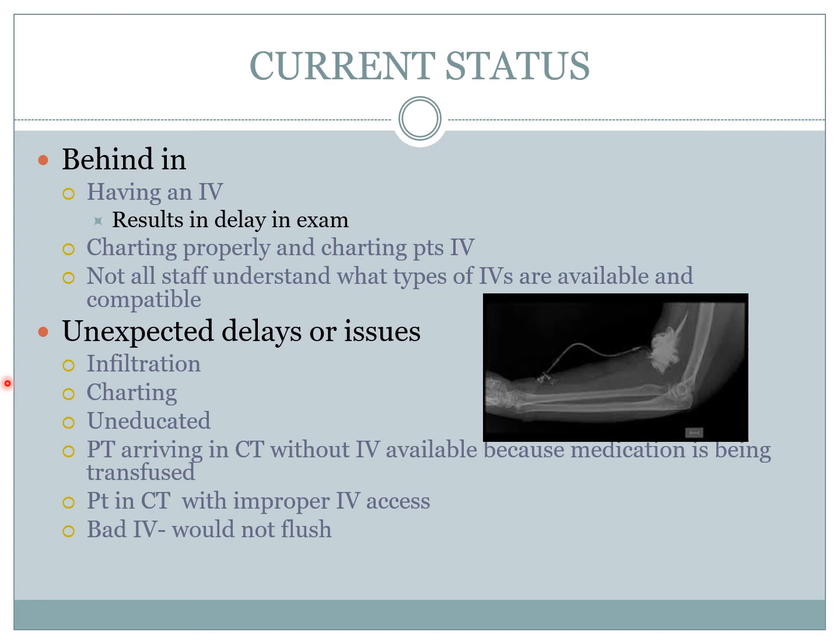And when there is no IV available, then it makes it difficult. And of course, it's not the easiest thing to get because IVs are inside of us and not everyone's veins are prominent enough to get the access. And once it's in, charting is so important.